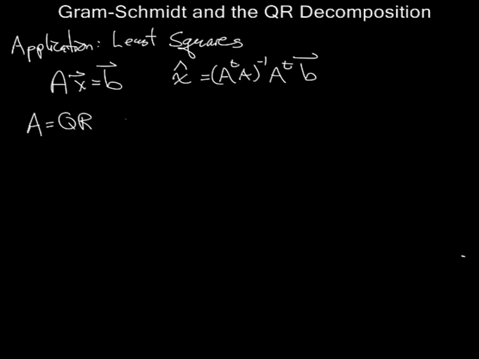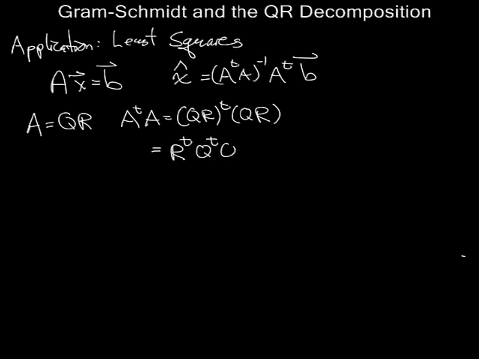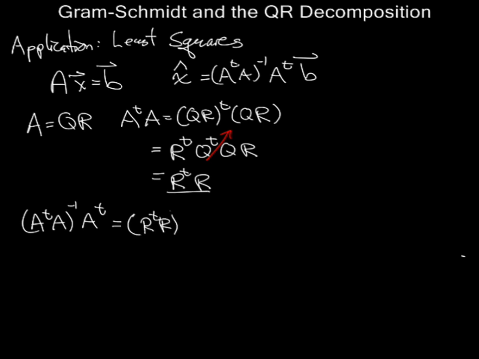And if I had the QR decomposition of A, let's calculate this guy on the right. Well, A transpose A is R transpose Q transpose QR, and this Q transpose Q goes away, and so we get R transpose R, and so this operator that we're looking for becomes (R transpose R) inverse times, let's see, A transpose.